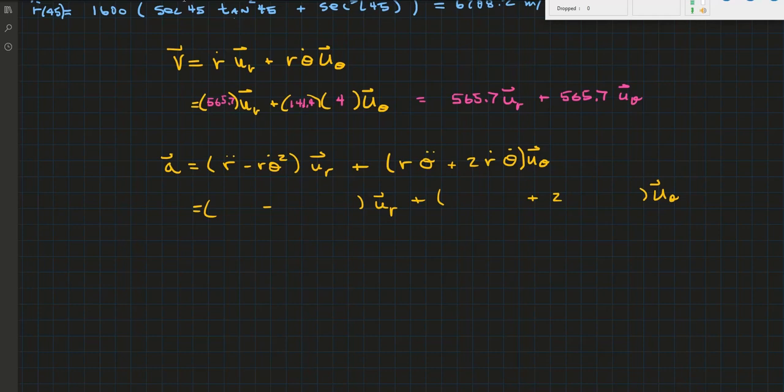So r double dot is 6788.2, and then r theta dot squared is 141.4 times theta dot squared, and then for r theta double dot, theta double dot is 0, so this is going to go to 0, plus 2 times r dot, which is 565.7, times 4.